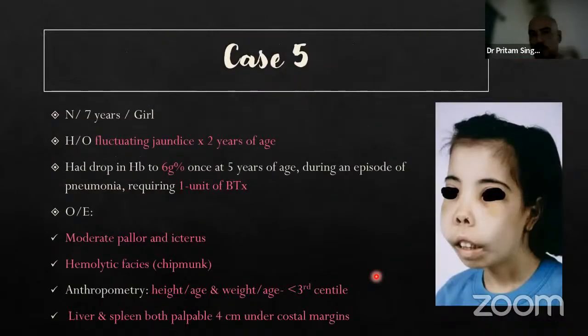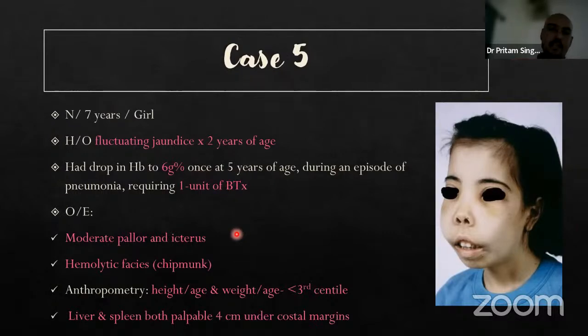All right. So coming to my next case, this is a relatively older child, a 7-year-old girl, having a history of fluctuating jaundice. That is the only complaint. Fluctuating jaundice for the last 2 years. At 5 years of age, the child once had a drop of hemoglobin to 6. At that time the baby had pneumonia, was admitted in a hospital, hemoglobin was found to be low, and the child received a transfusion.